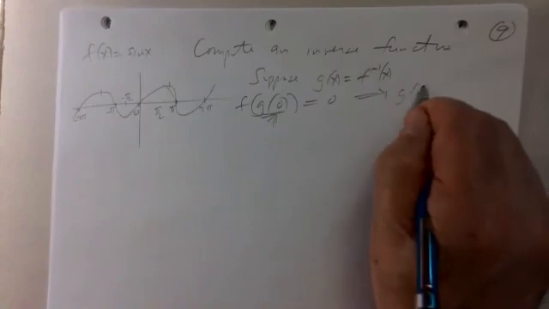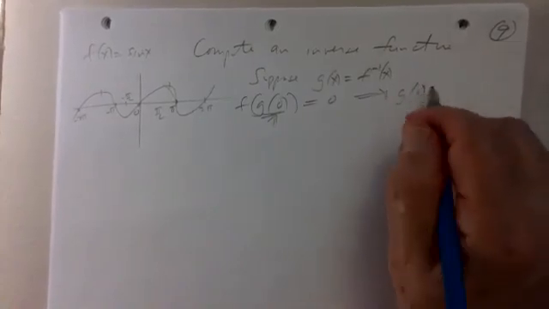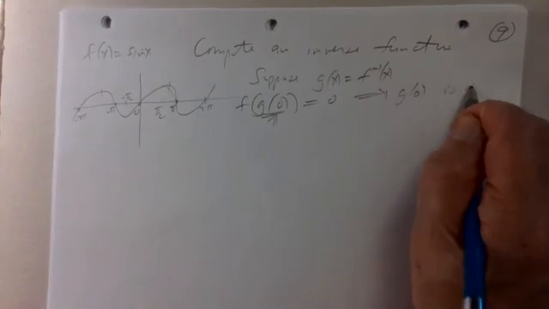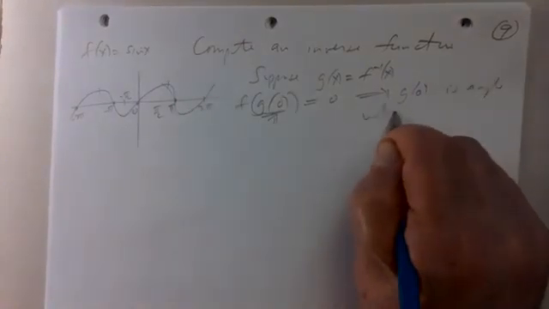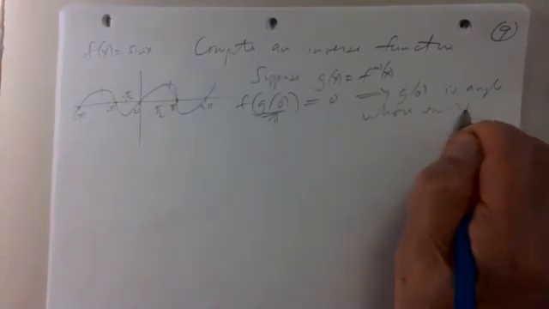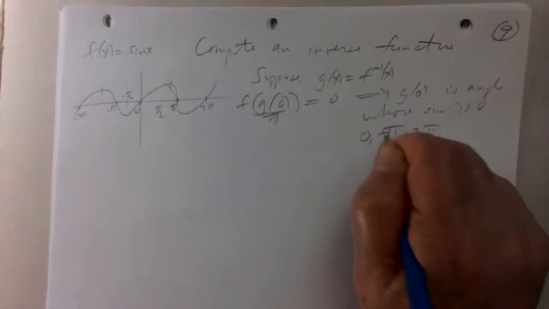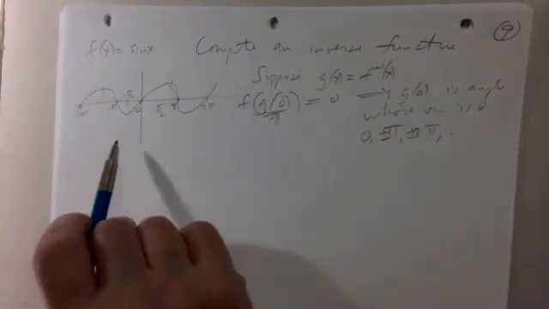So g of 0 is some angle whose sine is 0. So that could be 0, pi, 2 pi, plus or minus pi, plus. It's not defined. There are too many different choices.